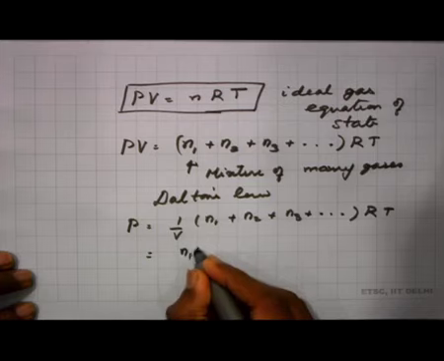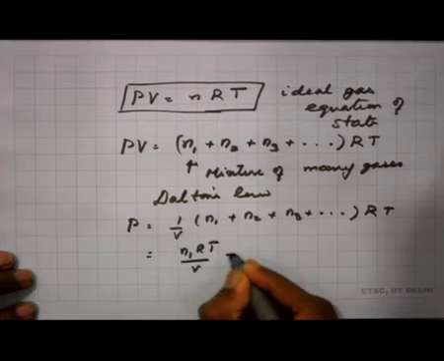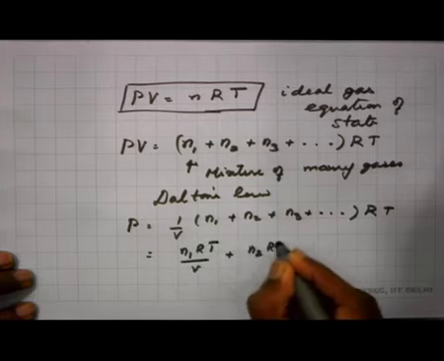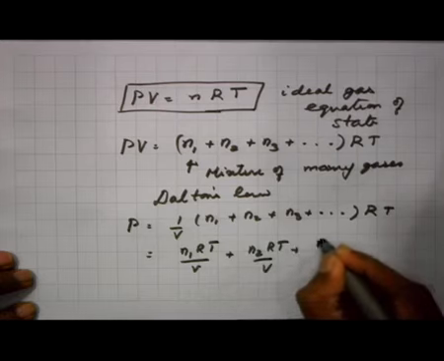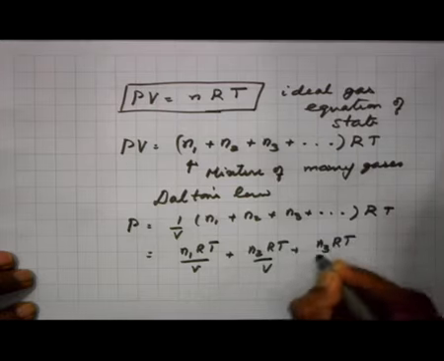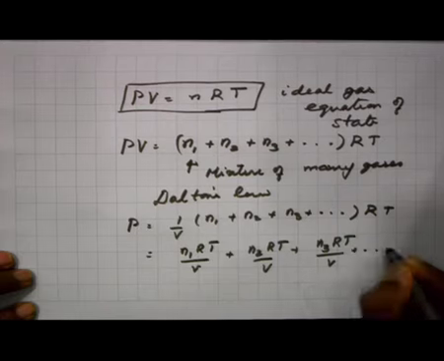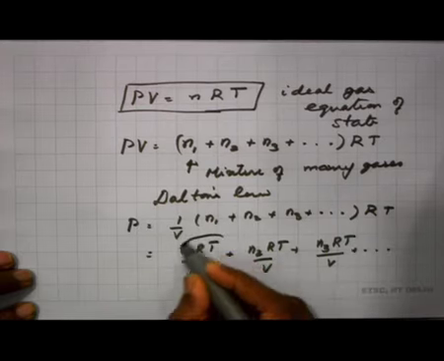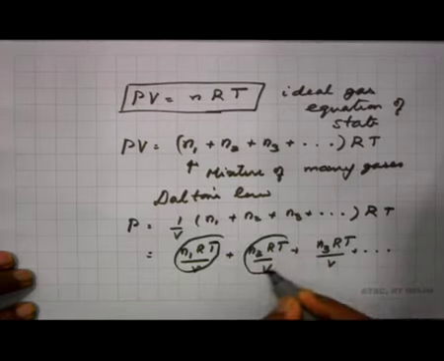So, N1RT over V plus N2RT over V plus N3RT over V, and so on, is the contribution from each one of the gases in the mixture.